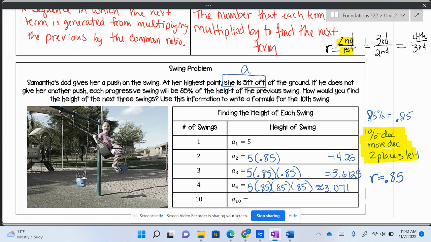How many times do I have to multiply by the common ratio to get the second term? The third term? The fourth term? So if I want to find the 10th term, I have to take this number and multiply it how many times? 9. Or 0.85 to the 9th power.